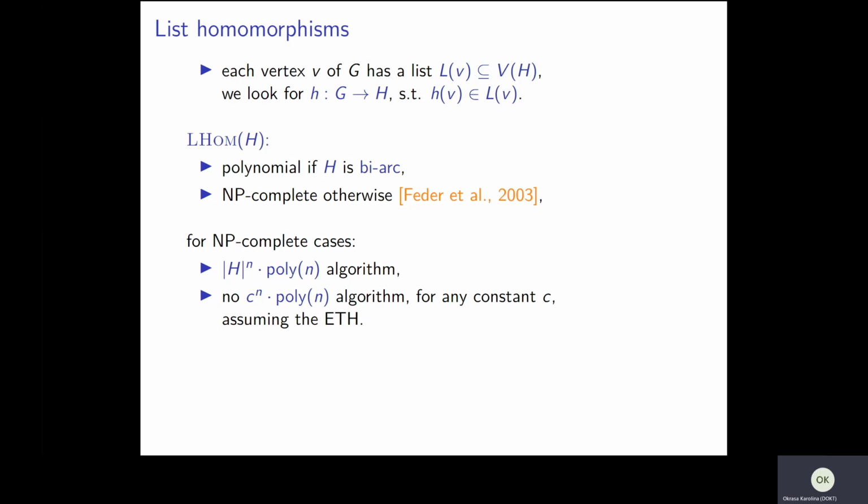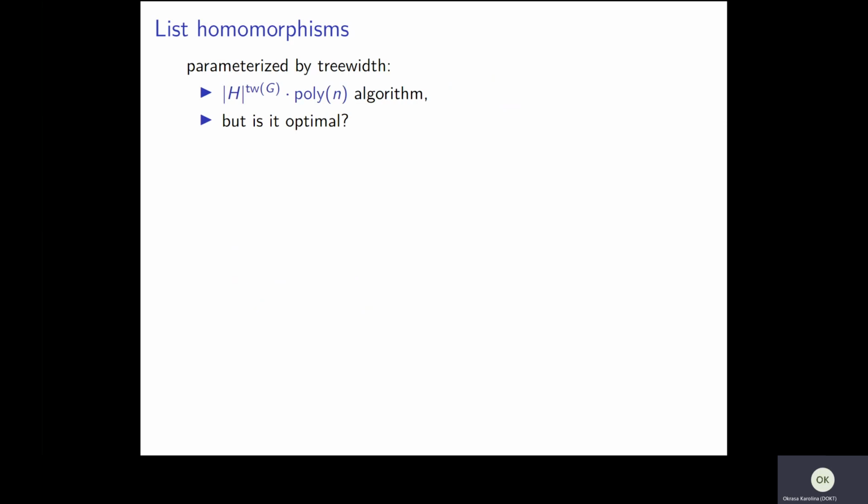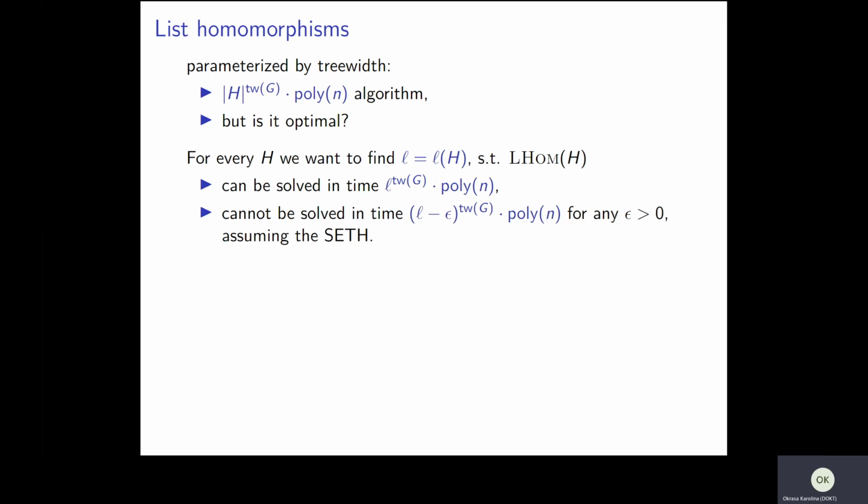And finally, let's consider the complexity parameterized by tree width. So again, there is a standard dynamic programming working in time the number of vertices of H to the tree width. And we are interested whether this bound is optimal or not. So in particular, we want to answer the following question.